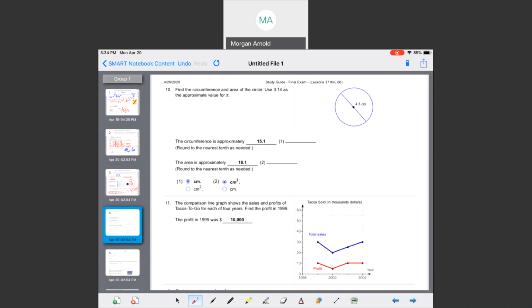Question 10. Find the area and circumference, excuse me, I got that backwards. Find the circumference and the area of the circle. Use 3.14 as the approximate value for pi. If you're given the diameter, for the circumference you actually have two formulas to pick from. But since we're given the diameter, we can use C equal to pi times your diameter.